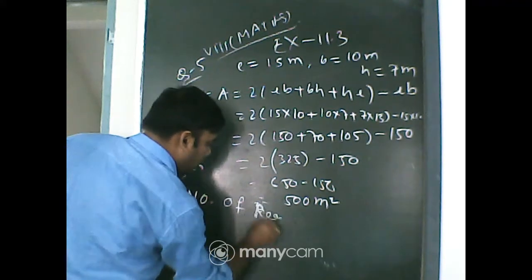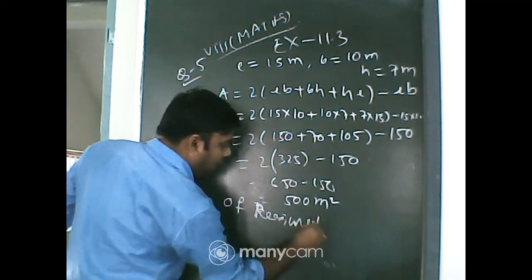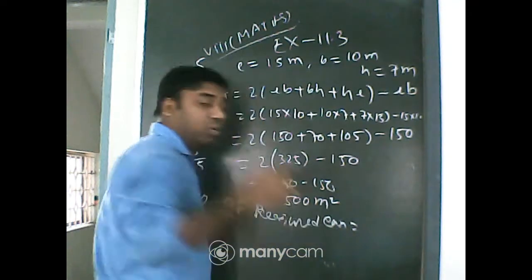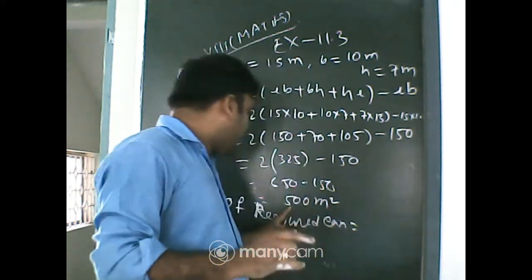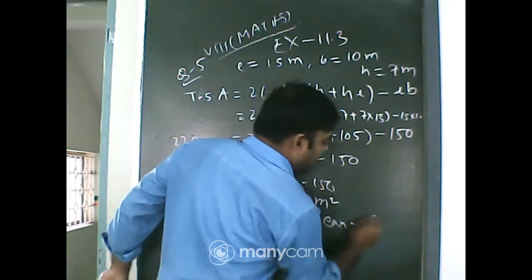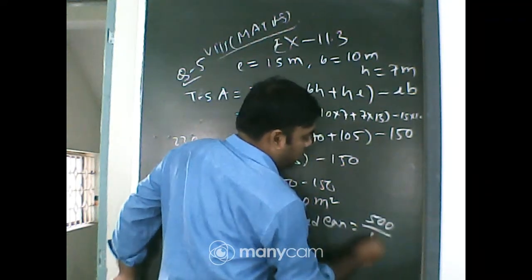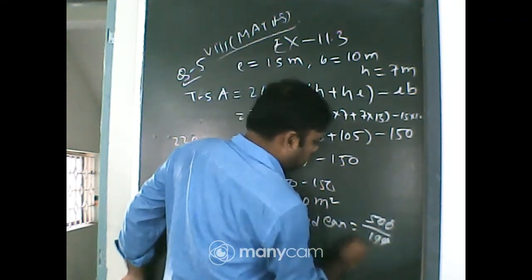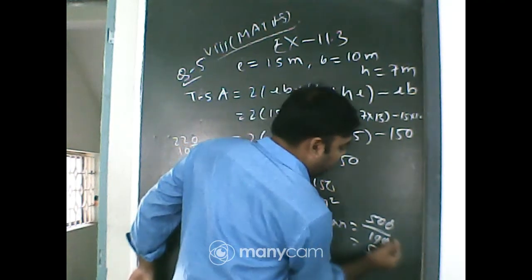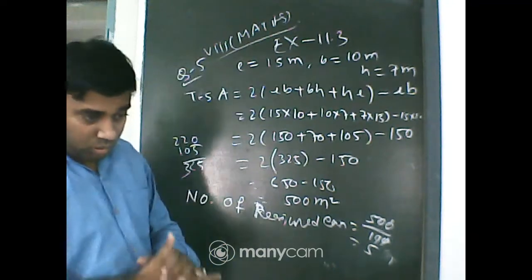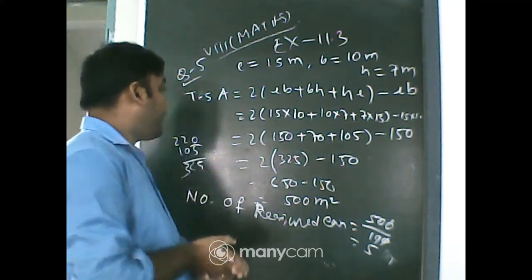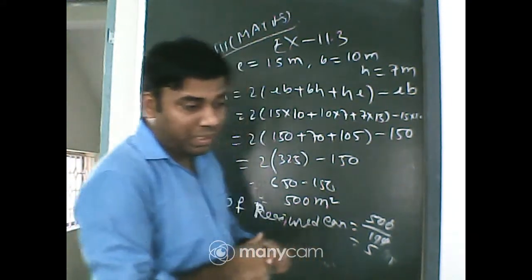In one can 100 meter square, so to cover 500 meter square, we just divide and get 5 cans. So 5 cans should be needed.